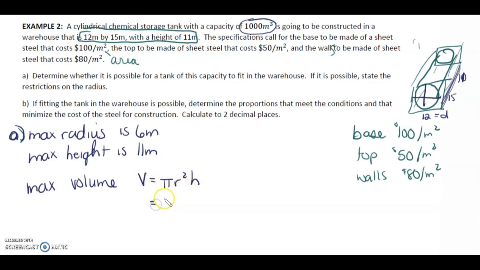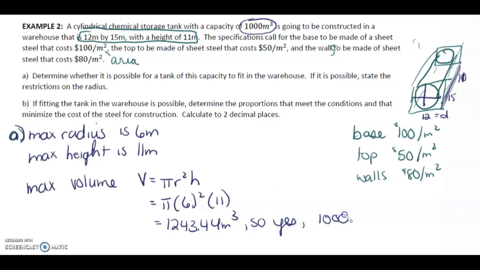For the max cylinder, with a radius of 6 squared and a height of 11, we get 12,043.44 meters cubed. So yes, 1,000 meters cubed is possible.